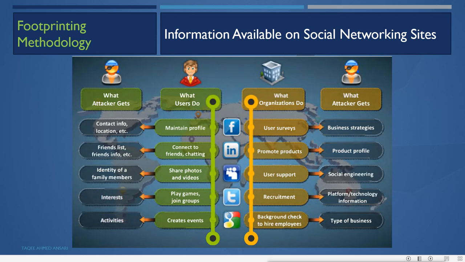Then users play games and join groups, so from there the attacker can get their interests. Based on those interests, they can craft a social engineering attack. For example, someone is interested in dancing. They will design a social engineering mail, a phishing mail, and send it to lure you with some offer, some information.